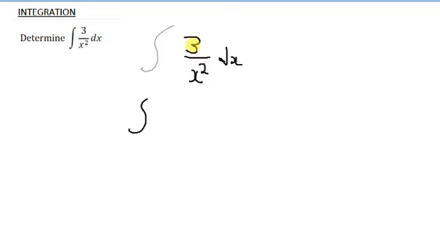Now if you go back to the laws of indices, the 3 will be the whole number 3, and there will be 1 here. We'll write it like this: 1 over x to the power 2.